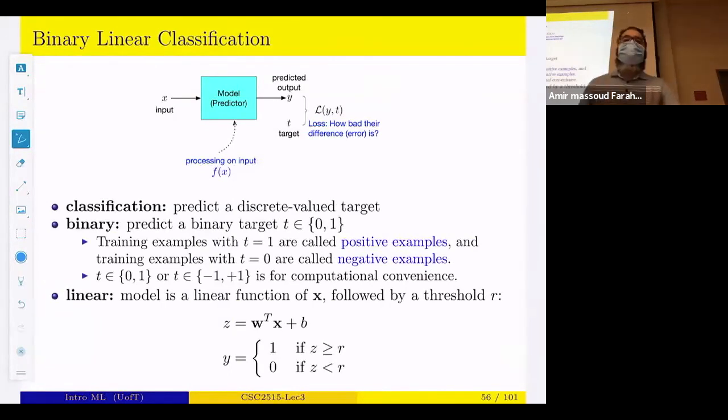So here, again, going back to this model, we have an input, we have an output that is processed through some model. And then we need to talk about targets and how different the target is with respect to our prediction Y. And that is encoded by loss.